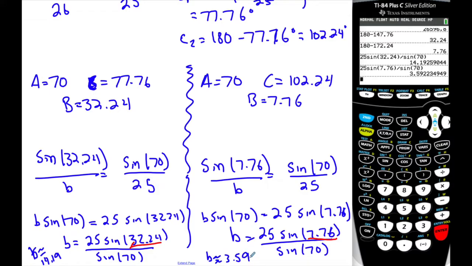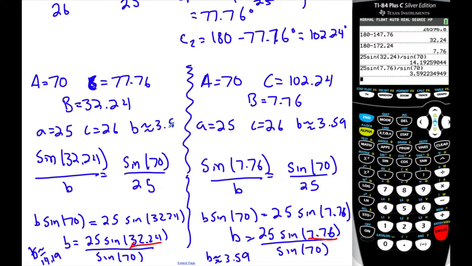Okay? So in this case, what I get is little a is equal to 25, little c is equal to 26, little b is about 3.59. Okay?